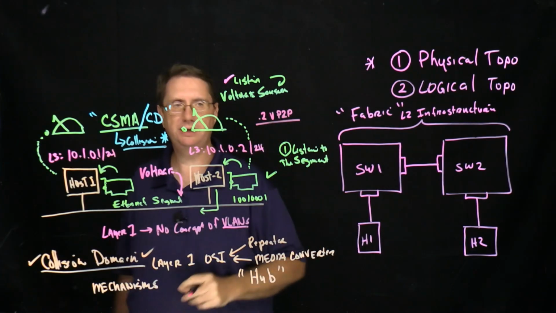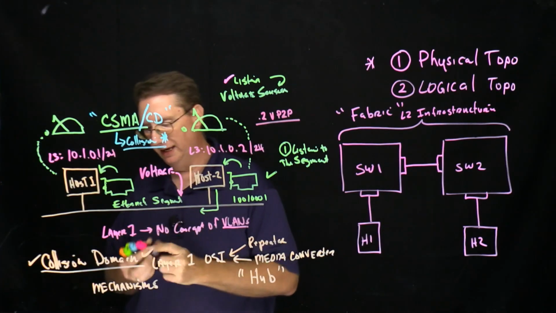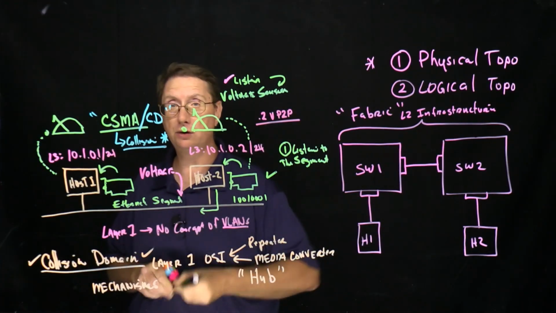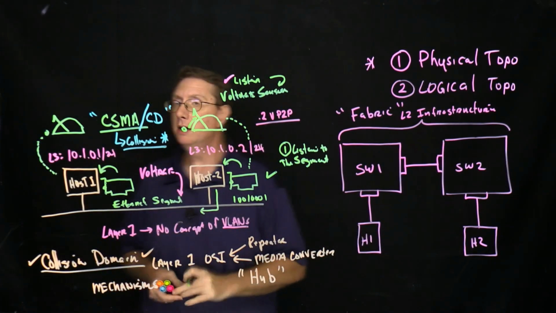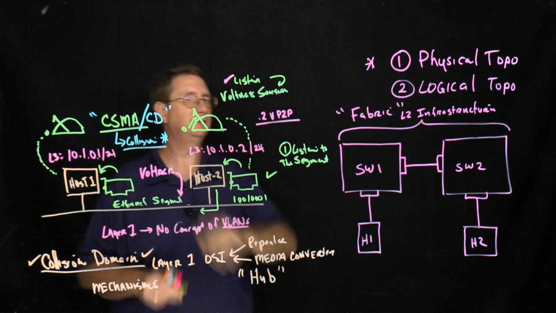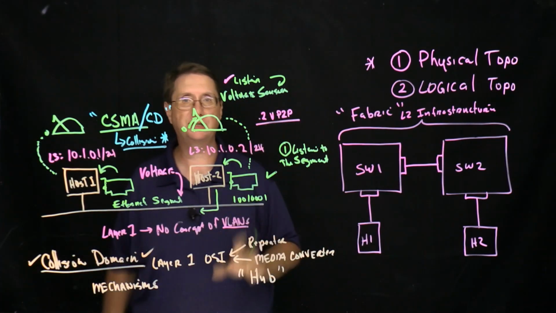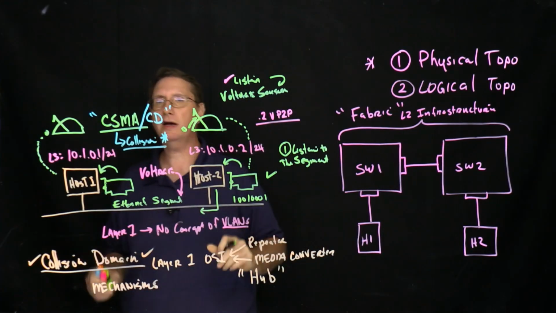That's just a measurement of voltage. Let's say that 0.2 volts peak to peak is the voltage on the circuit if someone is transmitting. So if I listen and I only see 0.2 volts peak to peak, and this is just an arbitrary number that I whipped out so that I have something to speak to, I know that a device is talking.